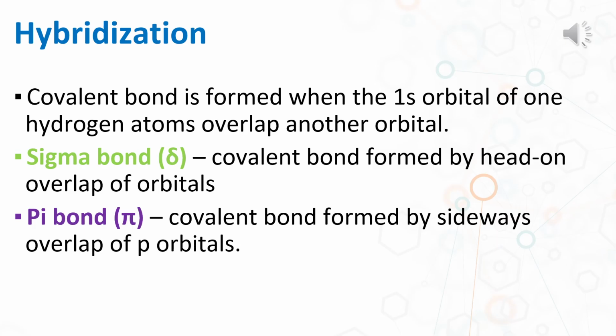To distinguish single, double, or triple bonds, take note: a single bond has one sigma bond. A double bond has one sigma bond and one pi bond. A triple bond has one sigma and two pi bonds.